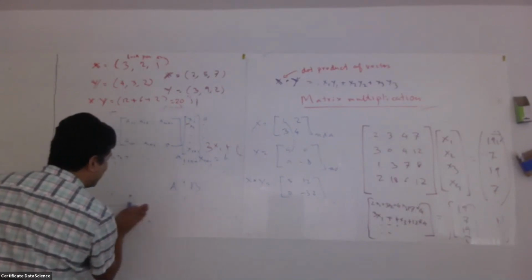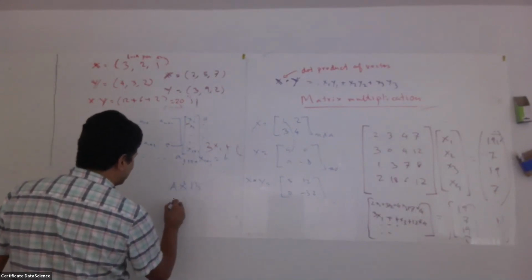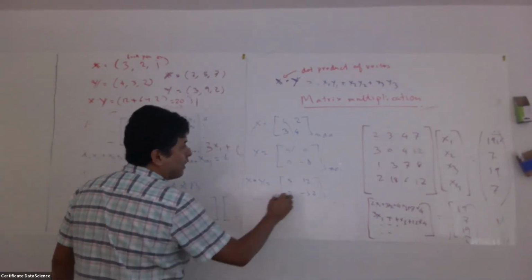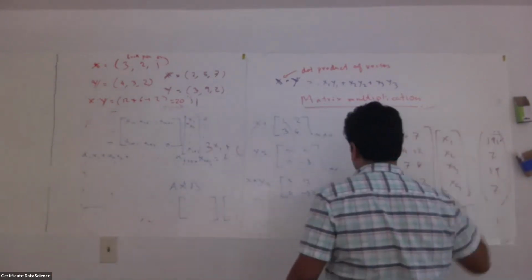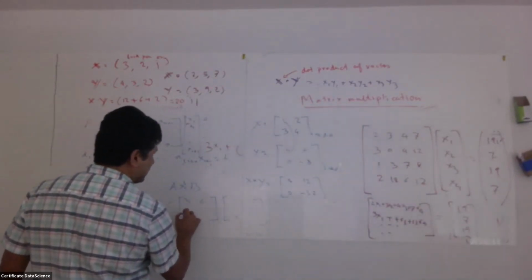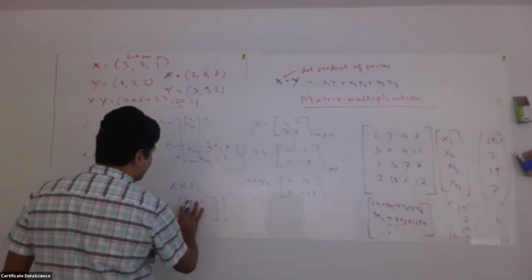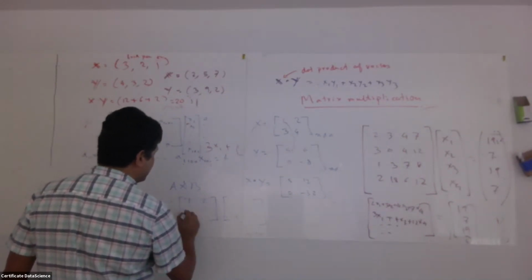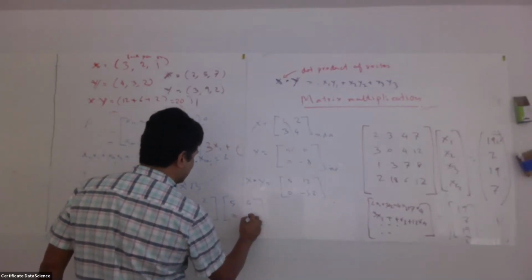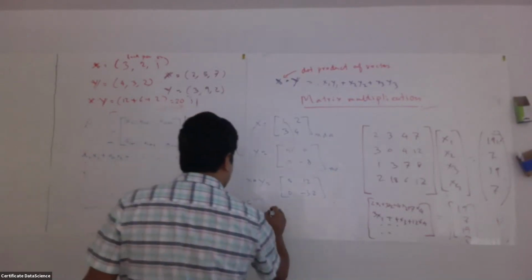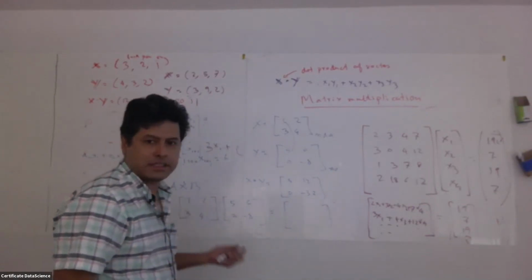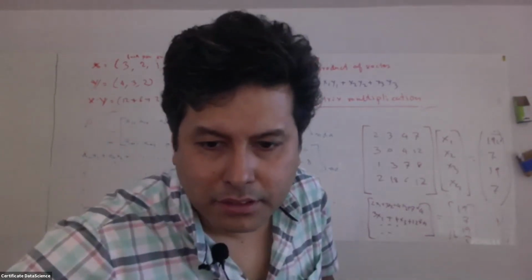Now when I want to do A times B, the rules have changed. This is how you do matrix multiplication. I showed you only one vector, but what if you had another vector? I'll show you that rule. Again, look at 1, 2, 3, 4 and 5, 6, 0, minus 8.